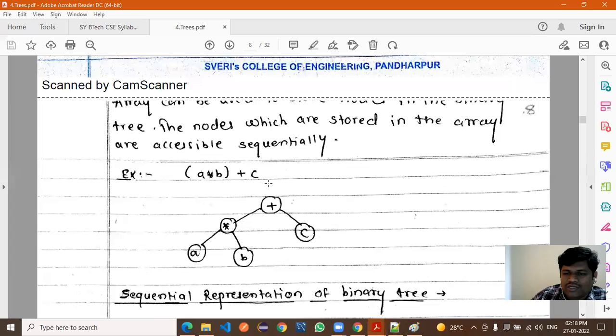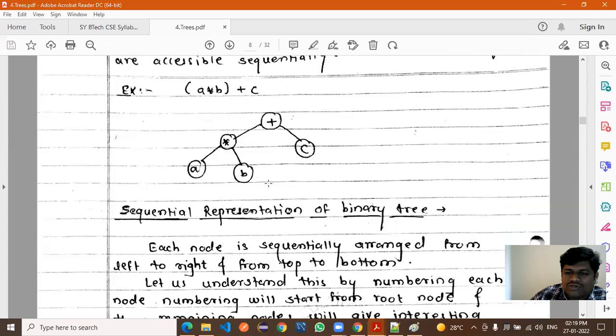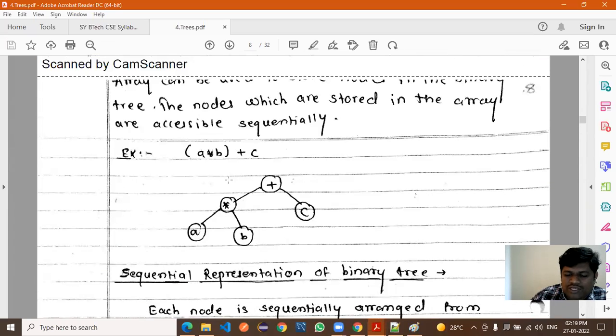So here the same concept is used. Who is the root in that case? The root will be which operator? Addition. Yes, addition.